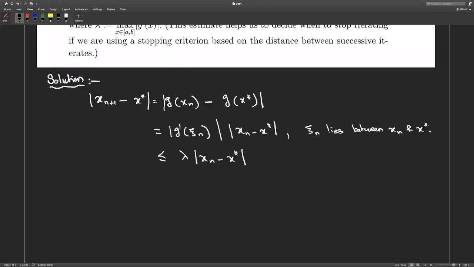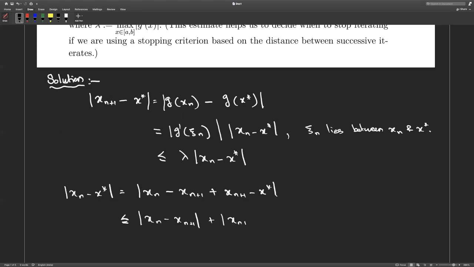Now, let us take the right hand side. Mod xn minus x star can be written as mod xn minus xn plus 1 plus xn plus 1 minus x star, and that can be written less than or equal to mod xn minus xn plus 1 plus mod xn plus 1 minus x star, right?